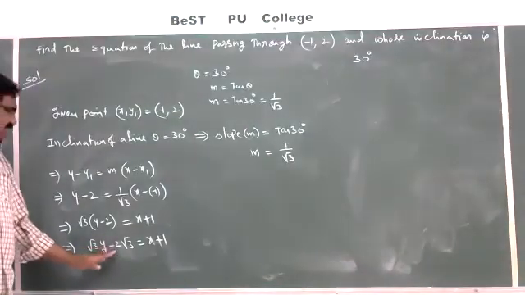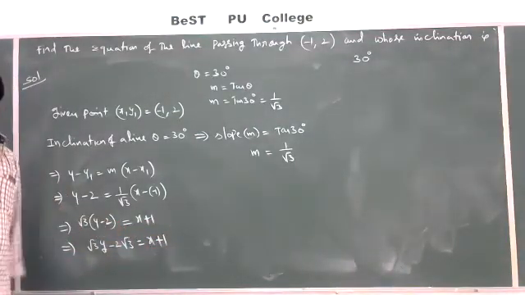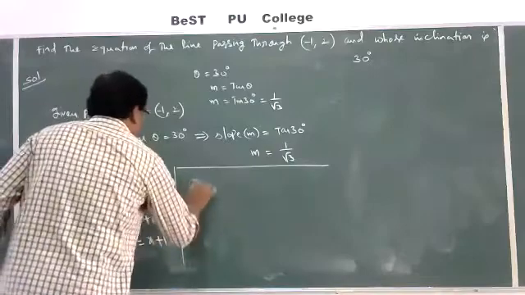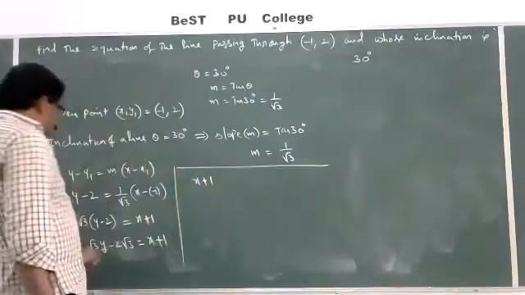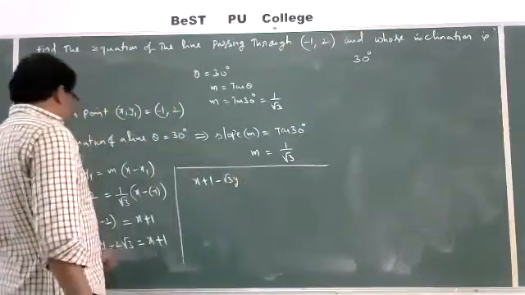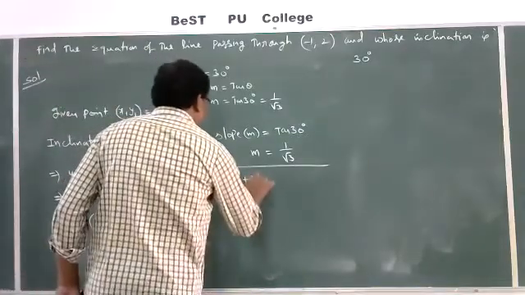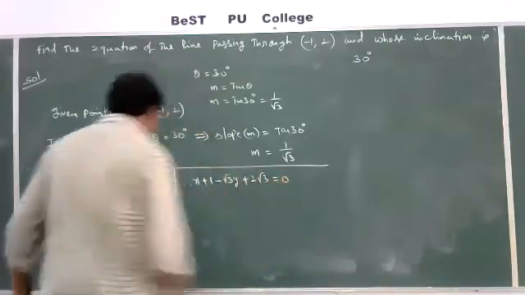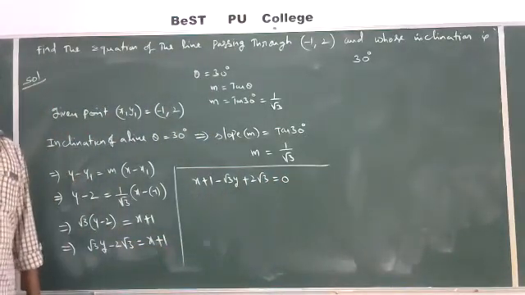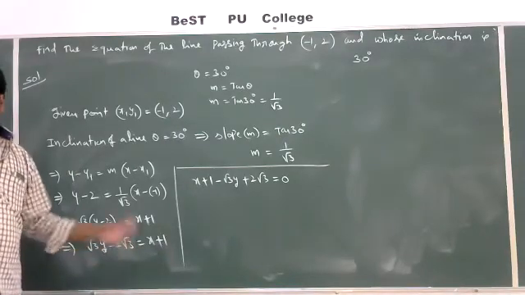Bring these two values to that side. Already here x plus 1. Bring root 3 y to that side, minus root 3 y, and minus 2 root 3 becomes plus 2 root 3, is equal to 0. Why? You make the x coefficient always positive.